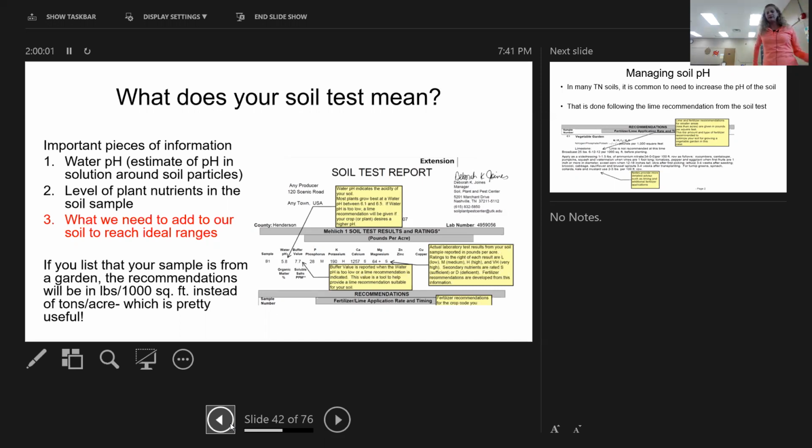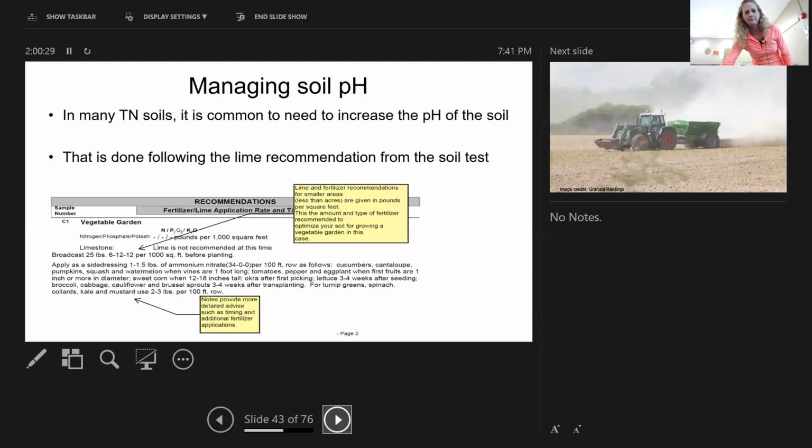Most plants are going to grow best at 6.0 to 6.5, with exclusions of blueberries, azaleas, and acid-loving crops. Then you'll also get your phosphorus, potassium, calcium, magnesium, zinc, and copper. All of that is covered in the basic test now, and you're going to be given a value there. And then on the next page, you will have the recommendations.